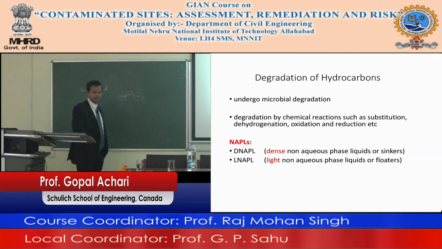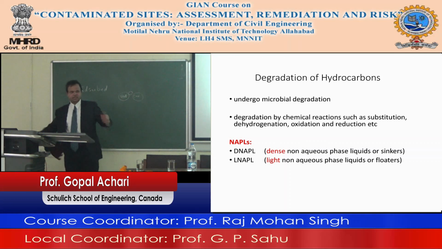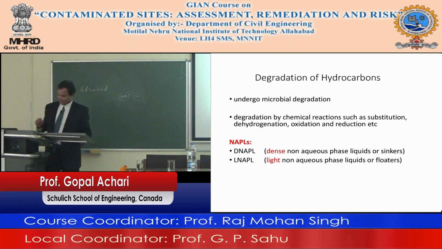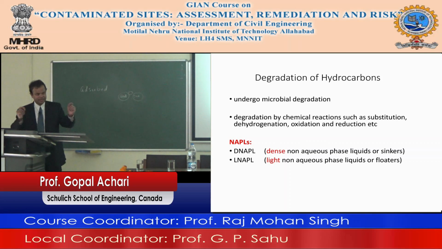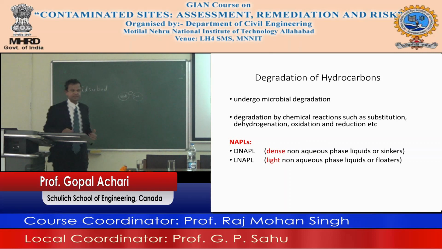It's very difficult to break those rings because they're very stable. But there is this whole series of aromatic hydrocarbons which have carbon-carbon ring structure. There's ortho, meta, and para, which basically depends on where the other groups are attached. You have functional groups, and the toxicity gets impacted by that.